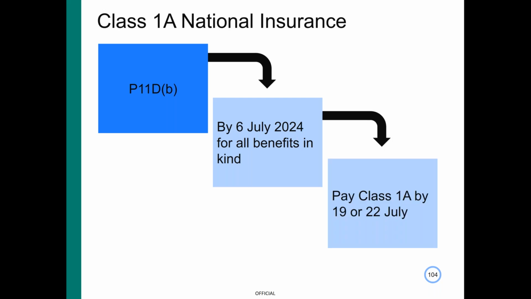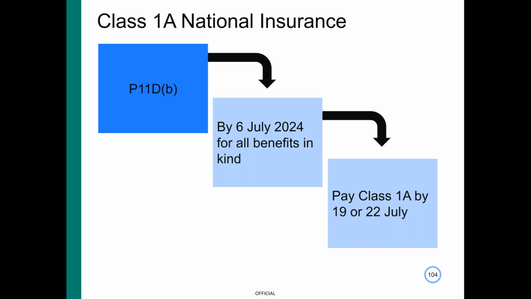You need to pay the Class 1A due by 19th of July or 22nd of July if you're paying electronically. Your P11DB tells HMRC how much Class 1A NIC you need to pay on all the expenses and benefits you've provided.